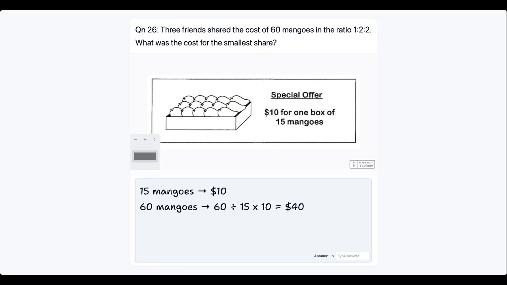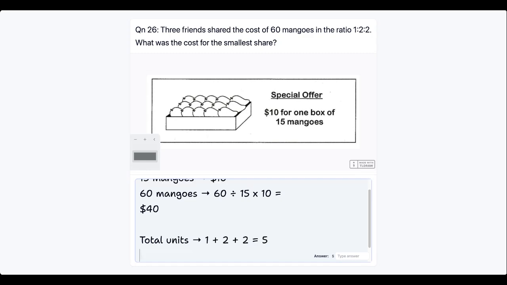Now we know that is the total cost. Next, we have the ratio, so total units is 1 plus 2 plus 2, equal to 5. So 5 units is equal to $40.